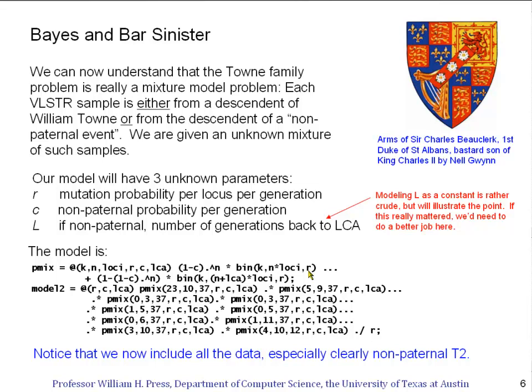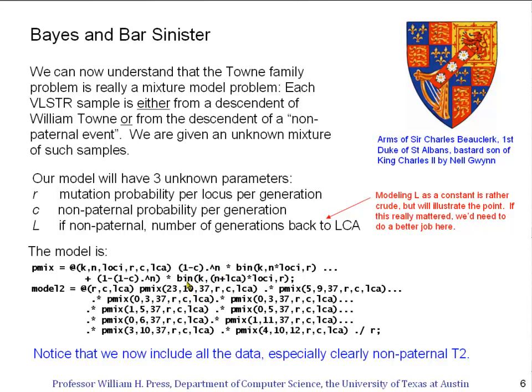And that occurs with the probability that your entire line is correct. So since in each generation there's a probability c of a non-paternal event, that means there's a probability 1 minus c that you are your father's son. And since that must be true for all n generations, we take 1 minus c to the nth here.